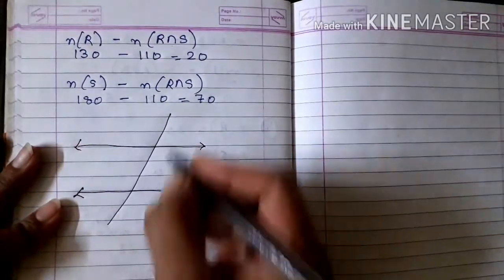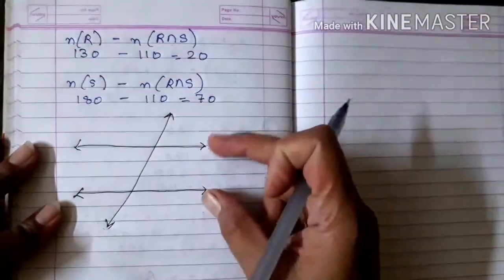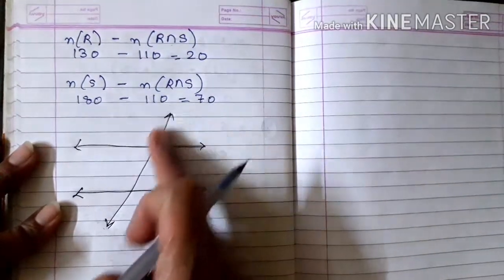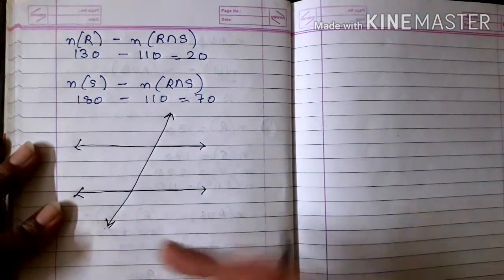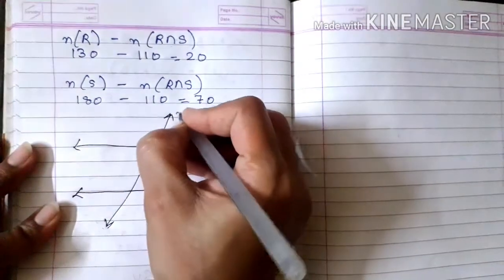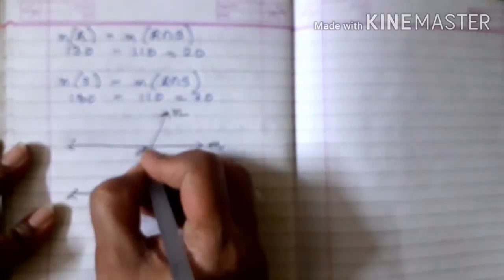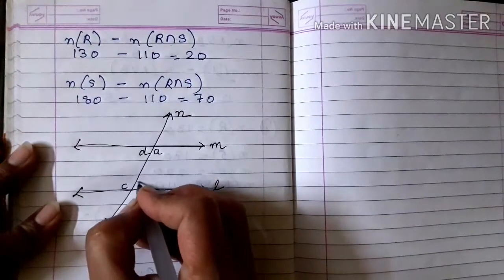We don't have to make any changes to it. These are the two parallel lines and this is the intersecting line. This is line M, line L and line N, with angles A, D, C and B.